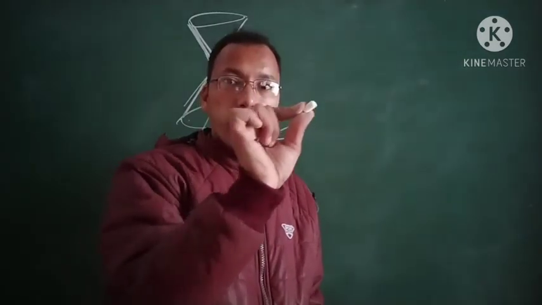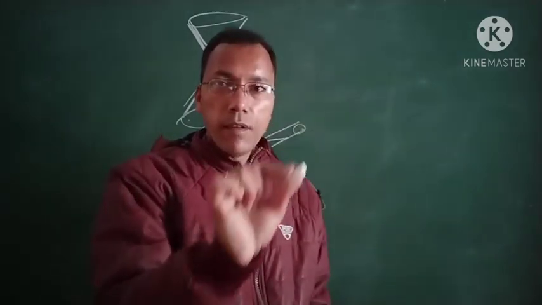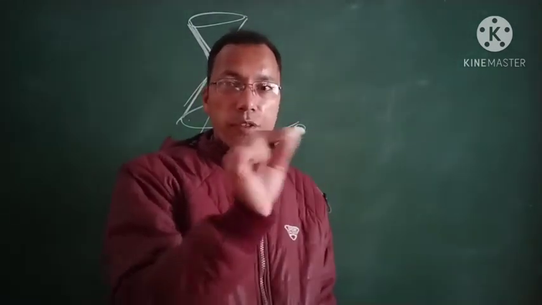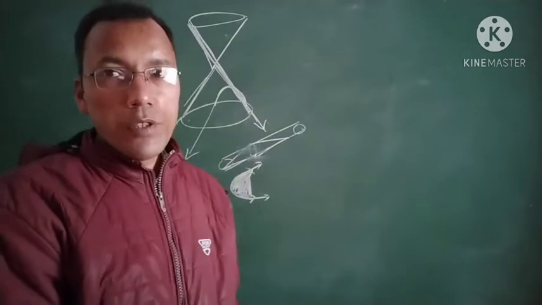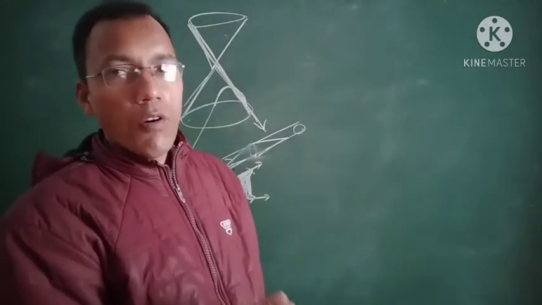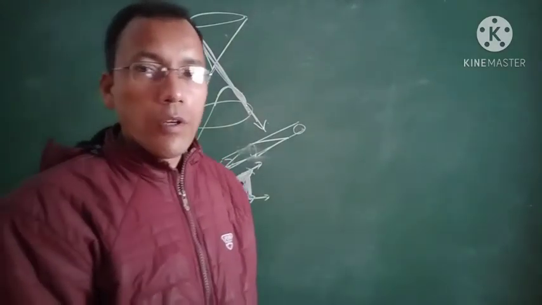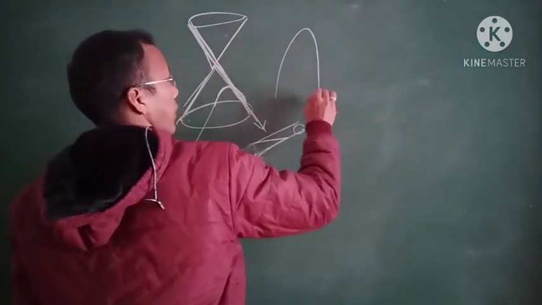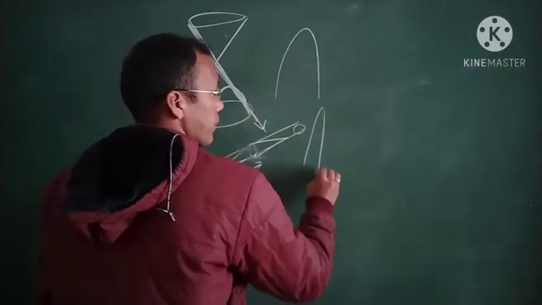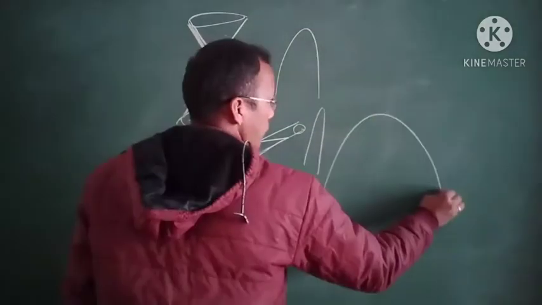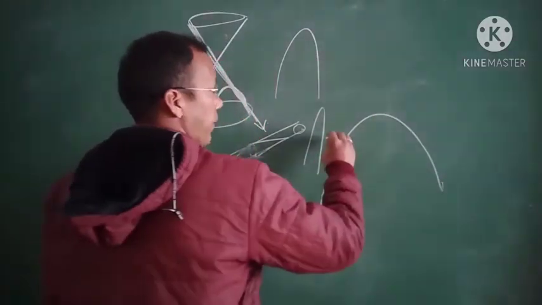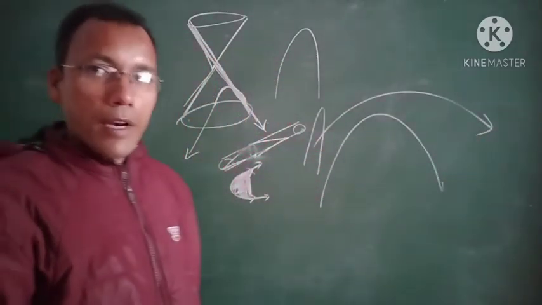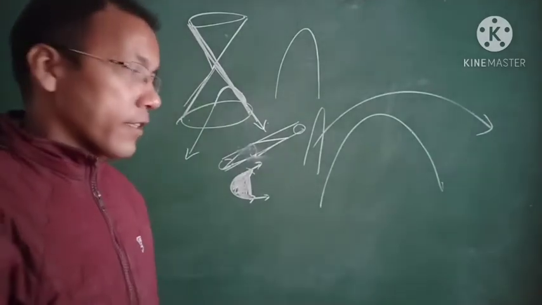So this path of the chalk, when I throw it, is called a parabola, right? If I throw this, you get this one. If I throw it very long, we get this one. These all paths are called parabola. That is the parabola for mathematics.